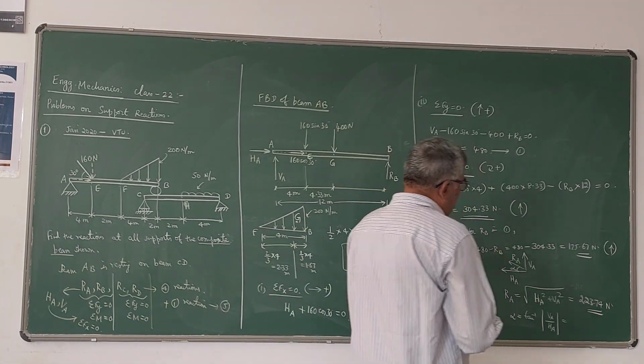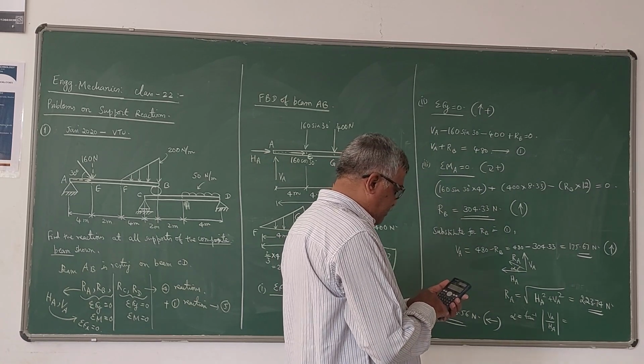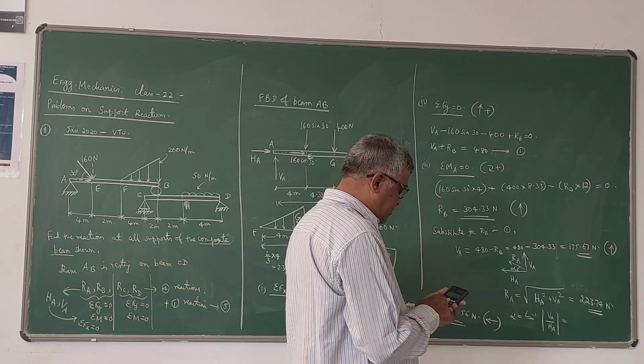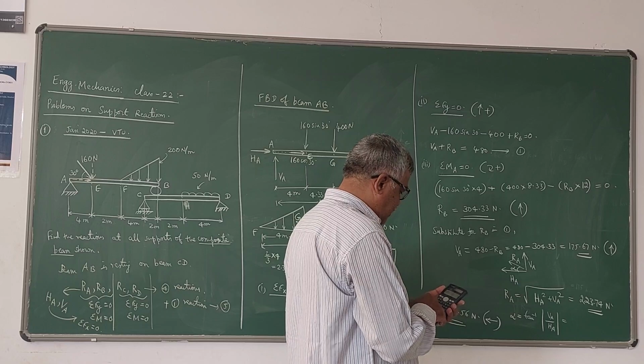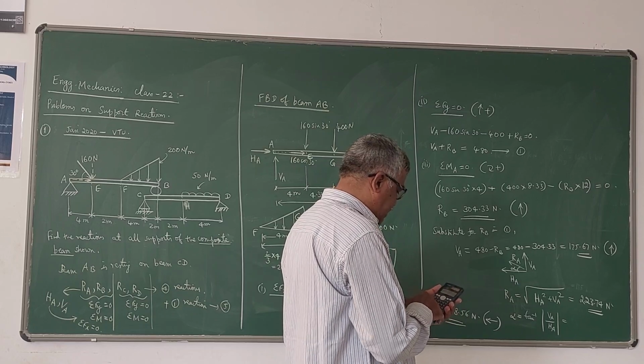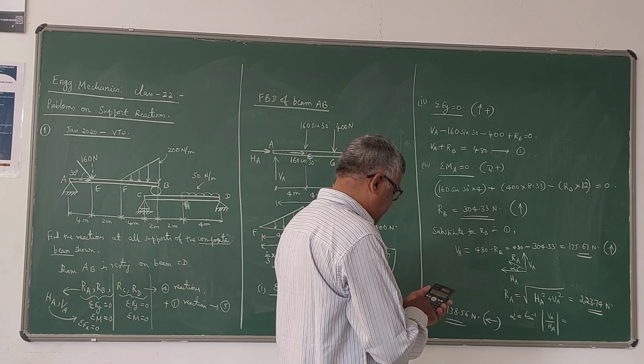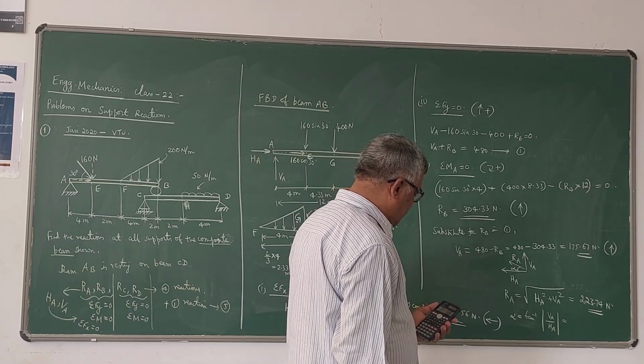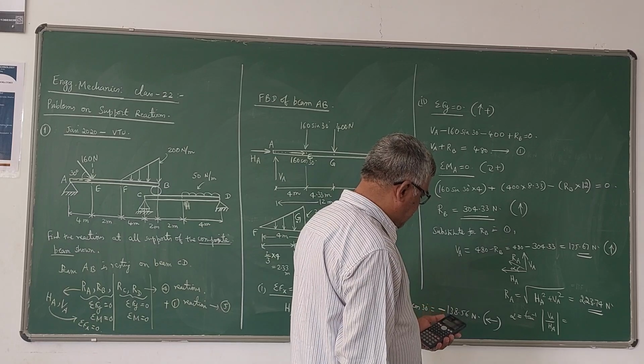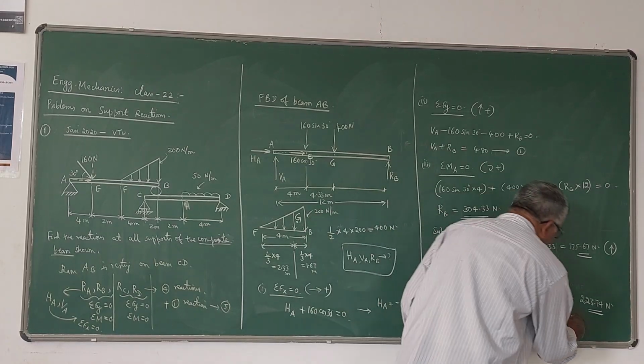So tan inverse of 175.67 divided by 138.56, which is 51.74 degrees.